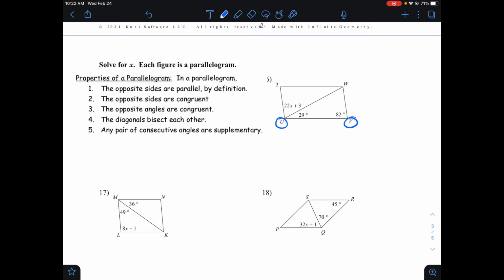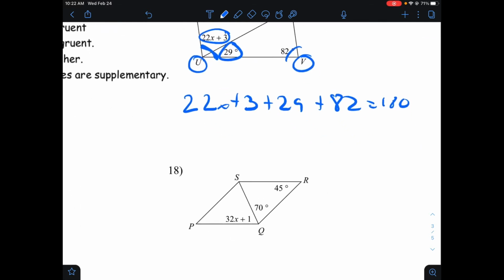That would mean that all of these guys need to add up to equal 180. So you could just say 22x plus 3 plus 29 plus 82 equals 180, because this whole angle here is this plus this, right?